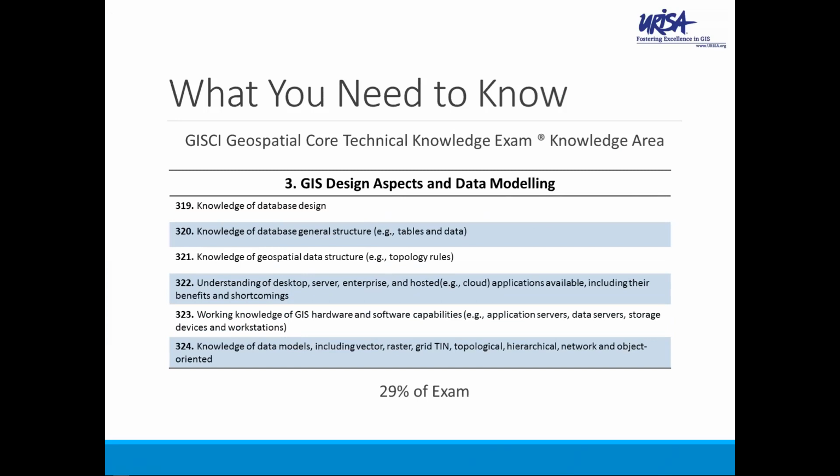We're going to go from general things associated with relational databases to things associated with hardware and the various data models associated with geographic information systems. I'm going to try to keep this as vendor neutral as possible, but keep in mind I worked with ESRI for about 15 years, so I'm still a little bit biased.